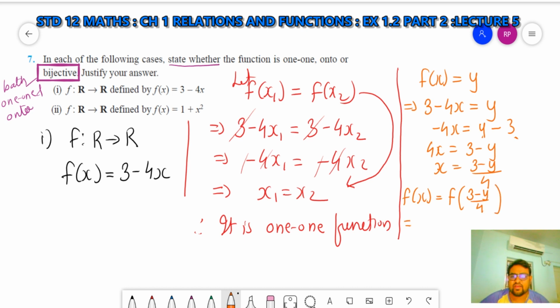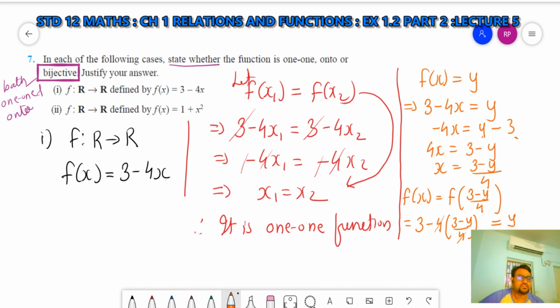Clear? So what is f(x)? f(x) is 3 minus 4x. If it is x, here it will be (3 minus y) by 4. So 3 minus 4 times (3 minus y) upon 4. So the 4 gets cancelled. 3 minus 3 is 0, minus minus plus y.